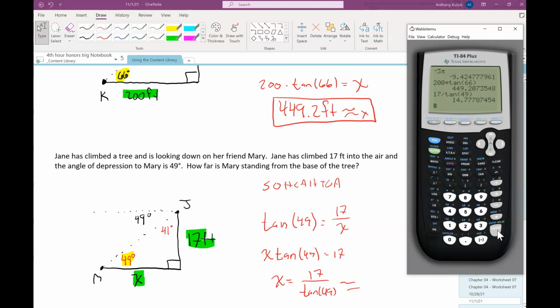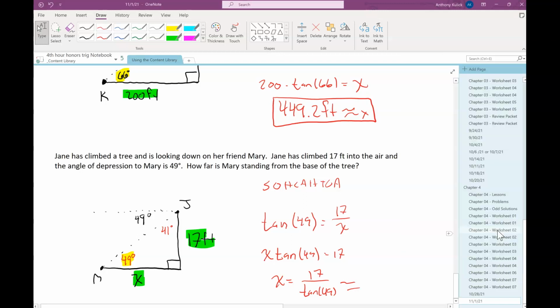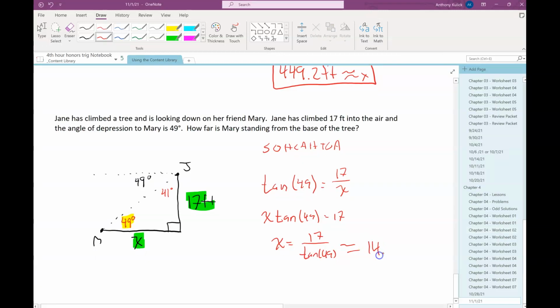So that's about 14.8 feet. What do you guys think on that one? Not too bad, right? Yeah.